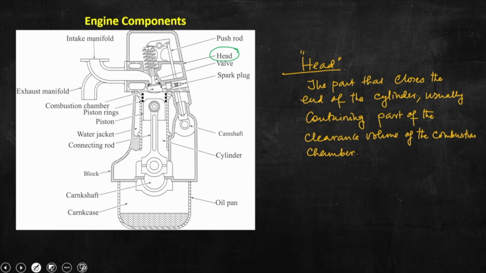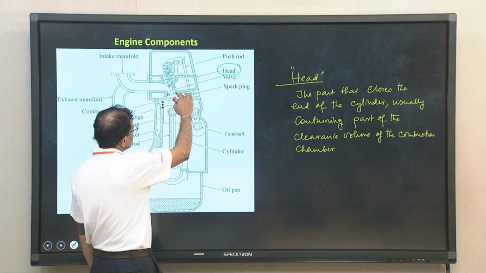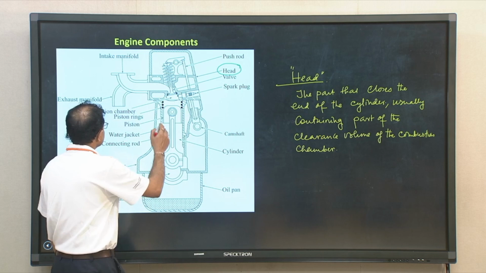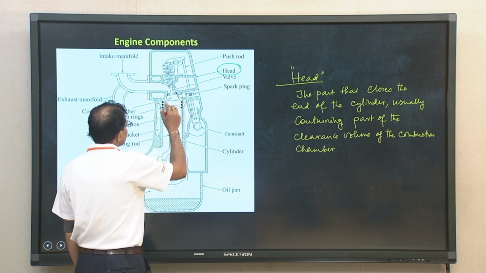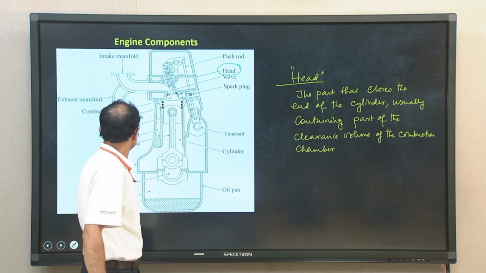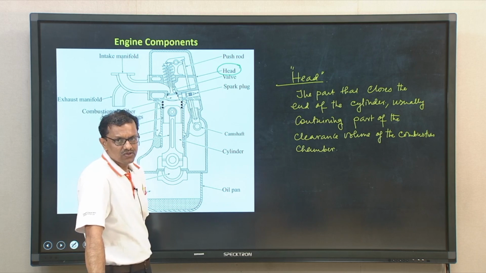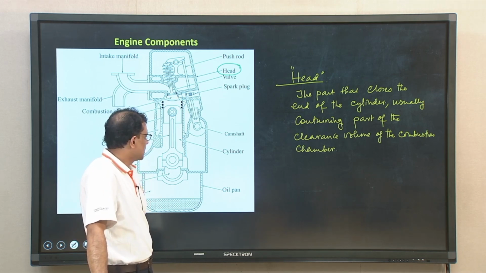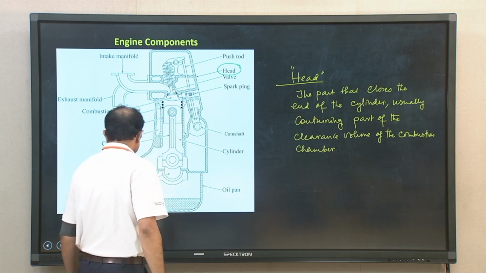So, the part that you can see closes the cylinder. Basically, this is the cylinder, and this is the cylinder end. So, the head closes the end of the cylinder. Not only that, a small part of the combustion chamber, that is the clearance volume, is also there in the head of the engine. Okay. So, that is the head.